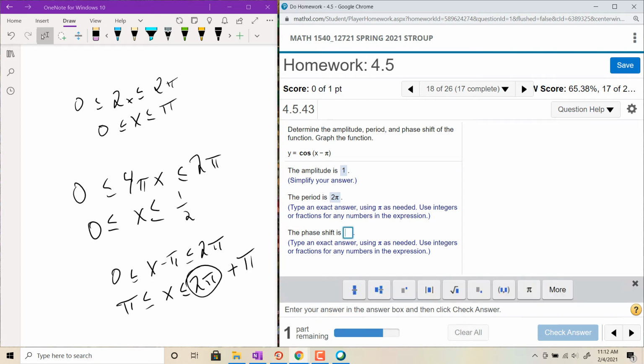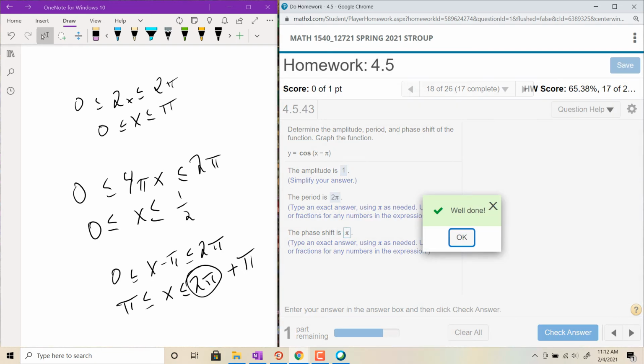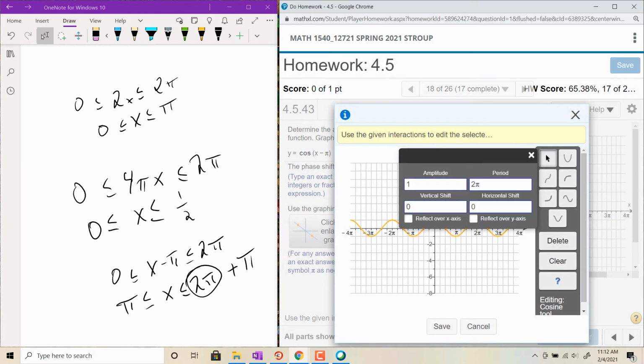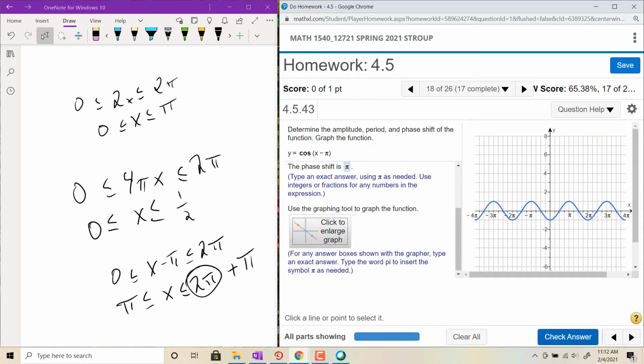Okay. So the phase shift we said was pi. Answer 1, click on large graph, cosine thing, 1, period's 2 pi, and then we need a horizontal shift to pi, save.